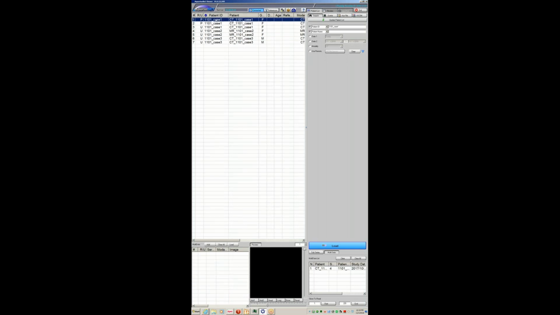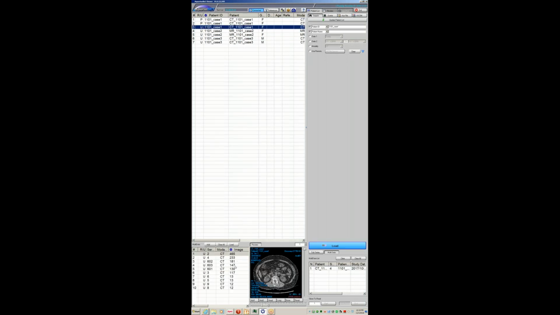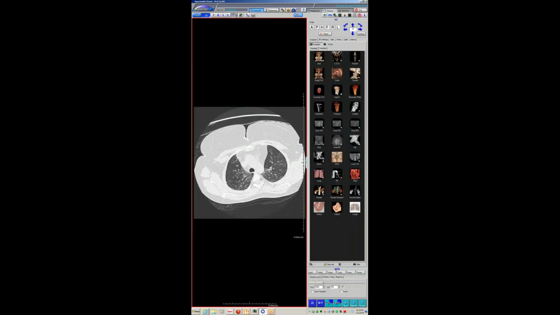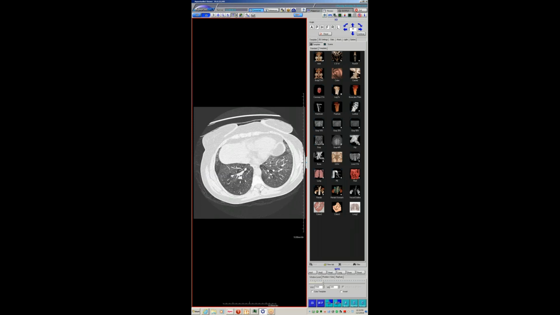Somewhere in here, I have expiratory imaging showing very nice air trapping. I don't know which one it is, or if it's even that nice, but believe it or not, this is a nice prone image, even though it's unintentional. Here's some air trapping on expiratory imaging.